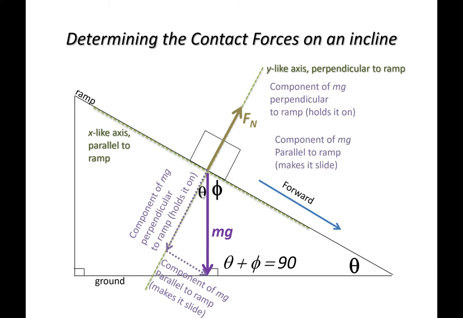So if we're looking at this from a mathematical point of view, we would take our hypotenuse mg, and the side that is adjacent is the perpendicular component, and that would make that value equal to mg cosine theta. While the component of mg parallel to the ramp, the part making it slide, is going to be the hypotenuse times the sine of theta, or mg sine theta.